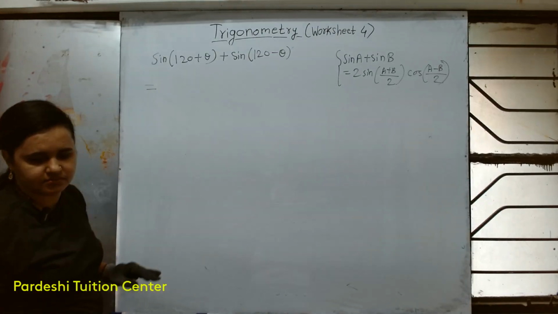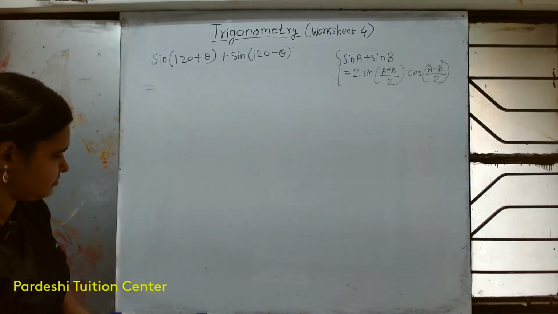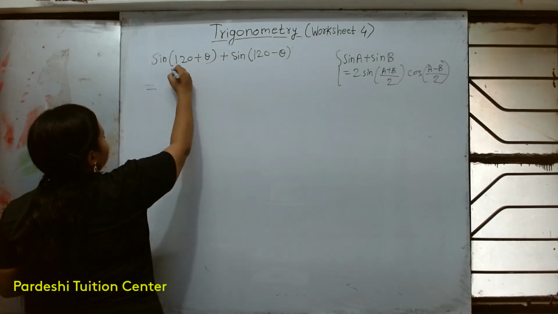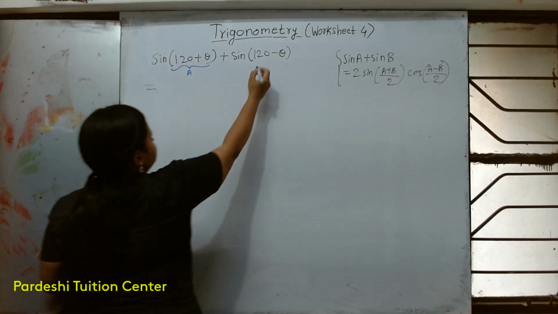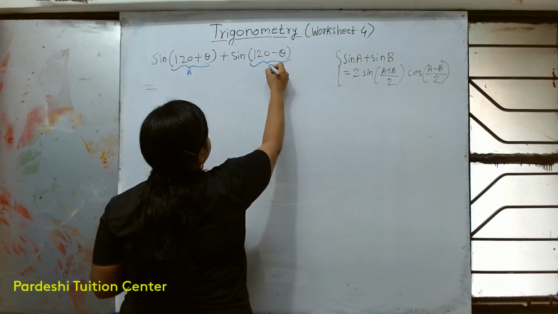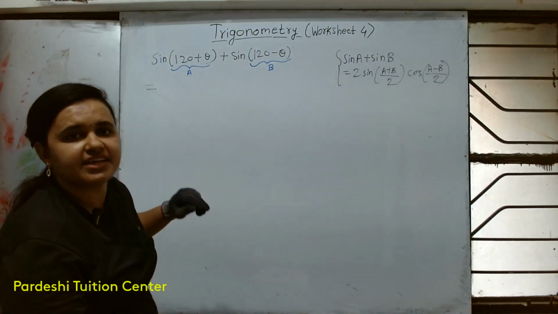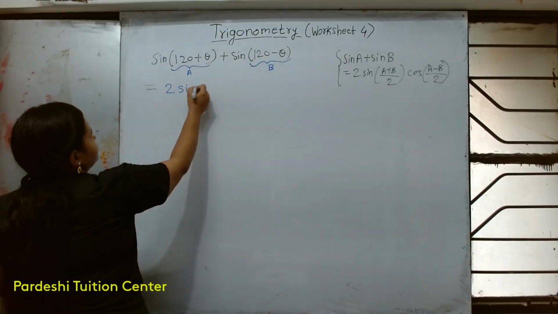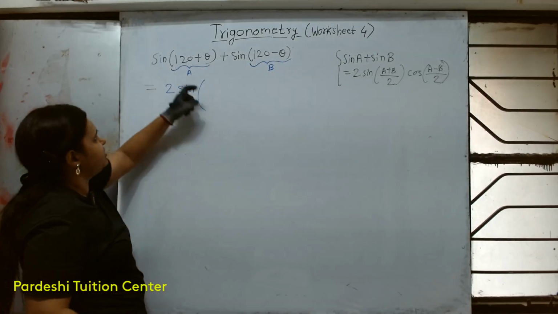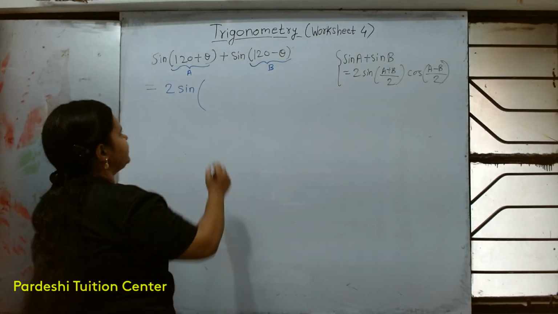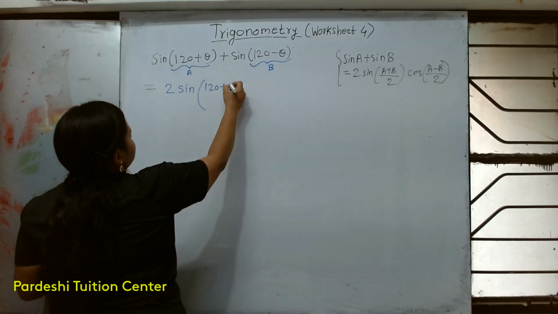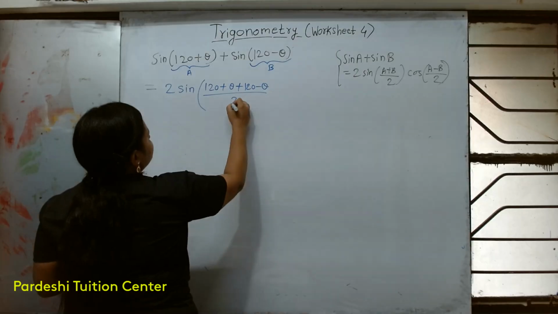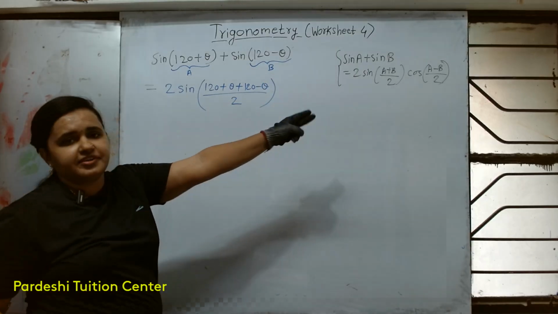So this is our a, 120 plus theta, and this is our b, 120 minus theta. We can apply the formula for sin a plus sin b. It will be 2 sin of (a plus b) by 2, meaning (120 plus theta plus 120 minus theta) by 2, and cos of (a minus b) by 2.